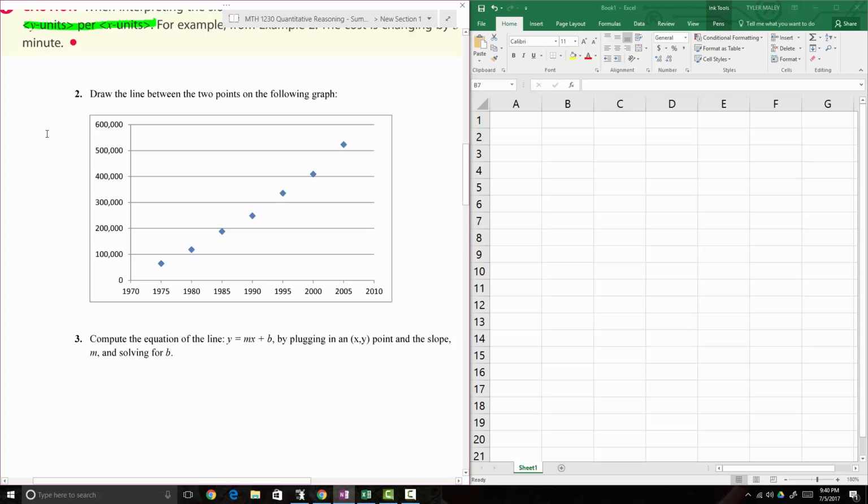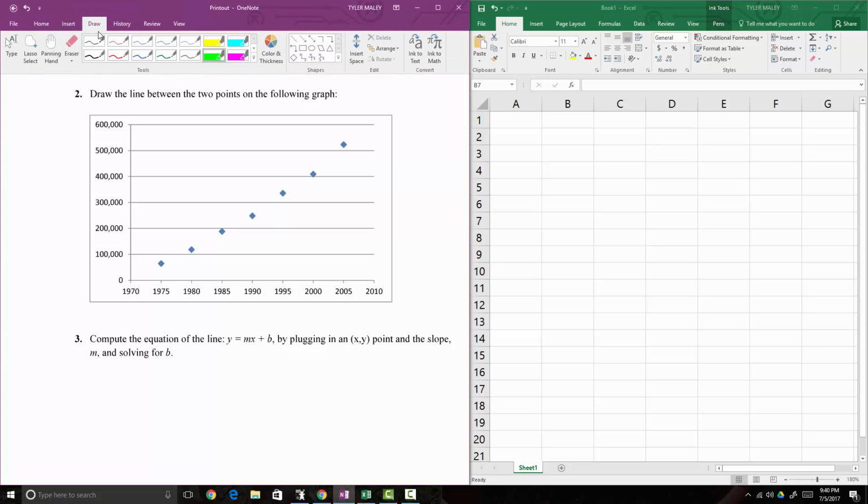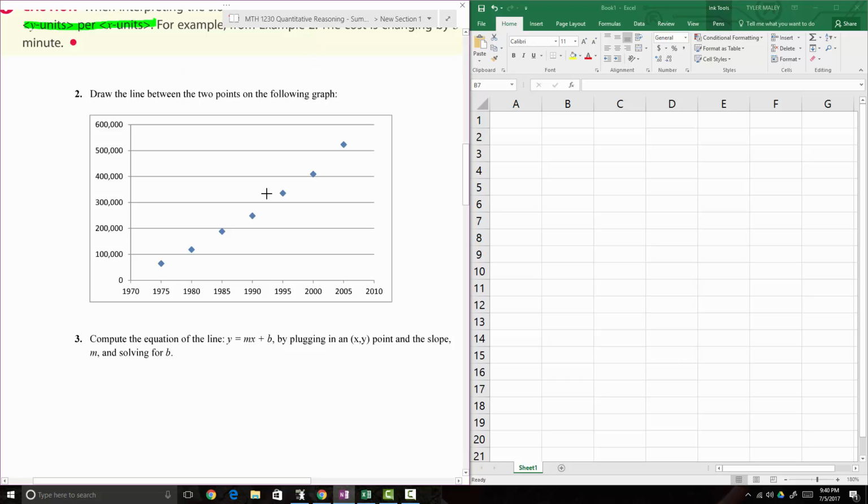I'll try to draw the line the best I can. I don't have a virtual ruler I can use, at least not one that I know about. Well, here I can use this. So I'm going to draw a line from here through the last point, which is here.